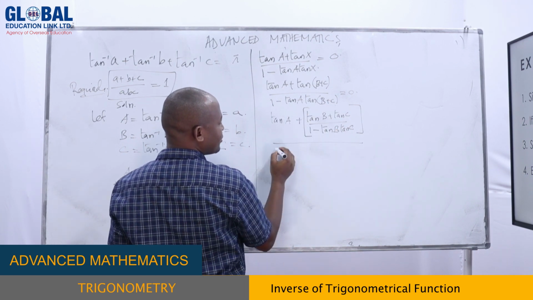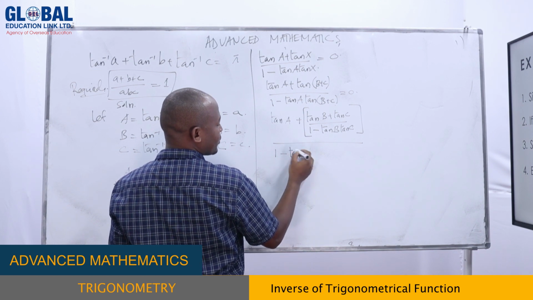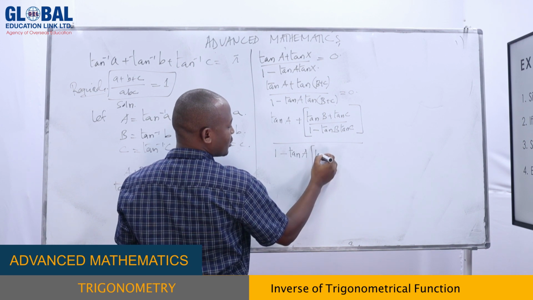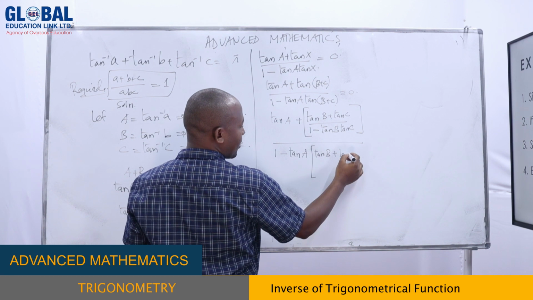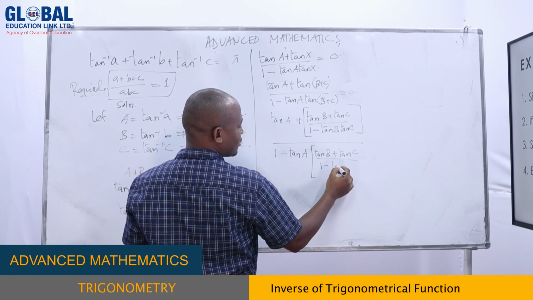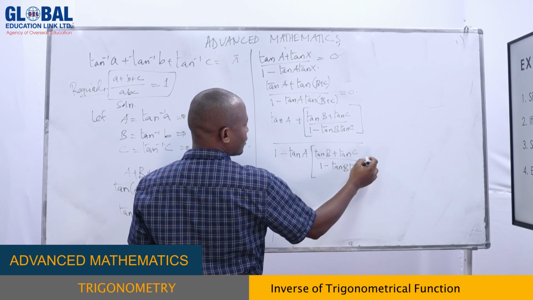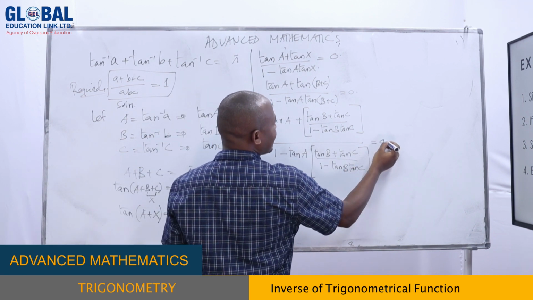So we are going to have 1 minus tan of A, then multiplied by what? Something like this, over 1 minus all of this, and we are told that is equal to 0.